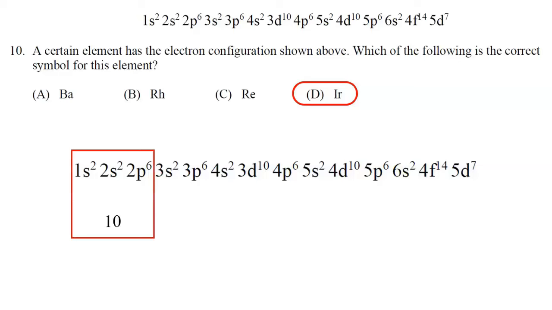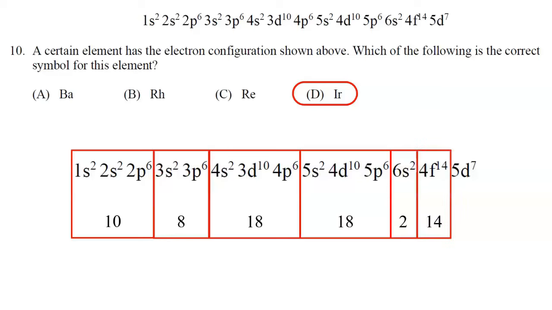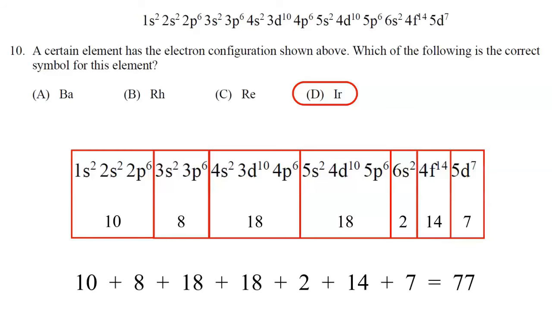So 10 electrons for the 1s2, 2s2, 2p6, plus 8 more electrons, so 10 plus 8 is 18. 18 plus 18 is 36. 36 plus 18 is 54. 54 plus 2 is 56. 56 plus 14 is 70. And then 70 plus 7 is 77.